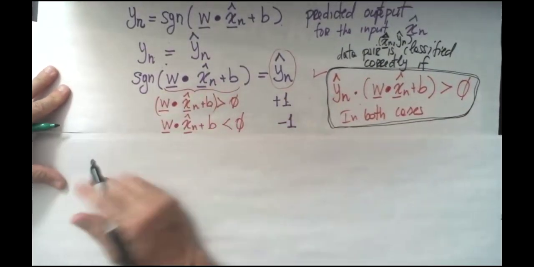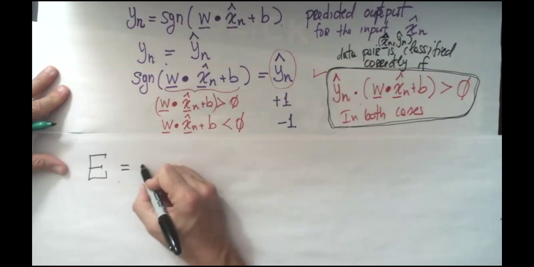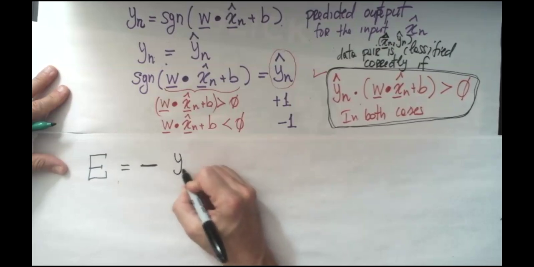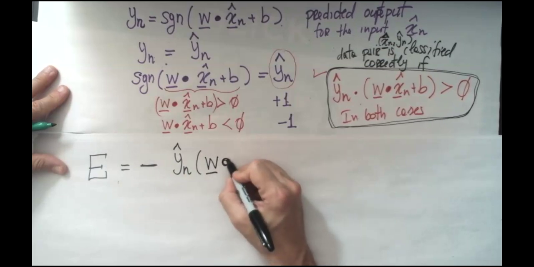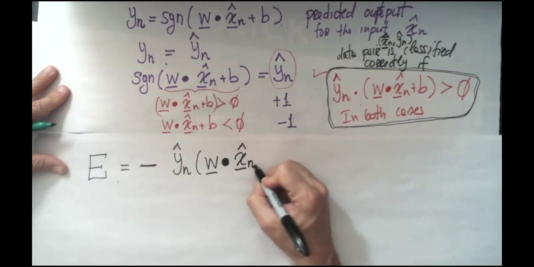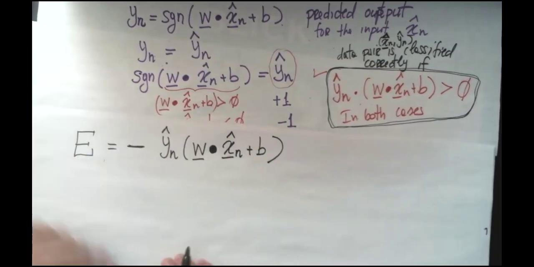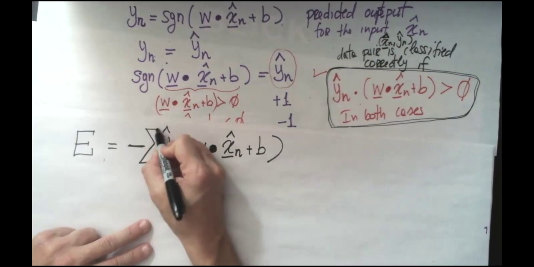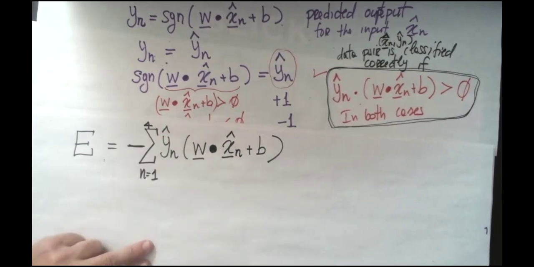In particular, I can define the energy equal to minus the data label yn, which multiplies W dotted with xn plus b. And of course, we sum over all the data points.